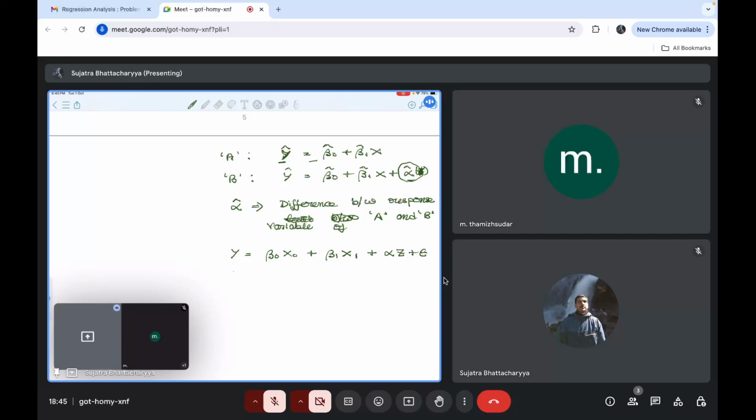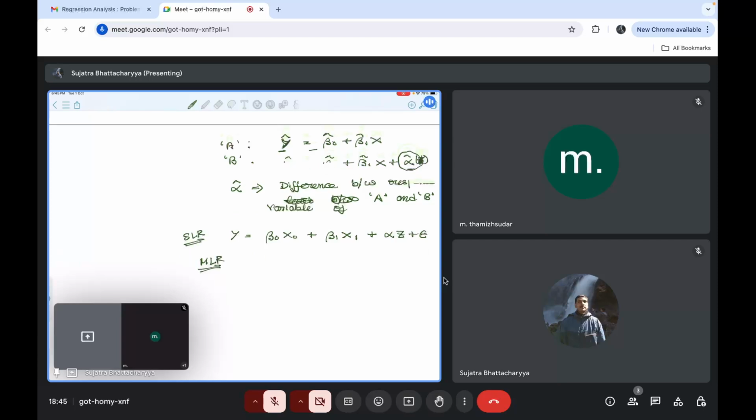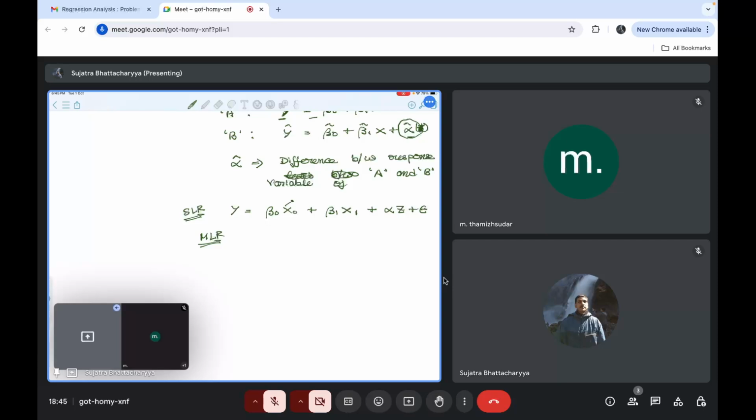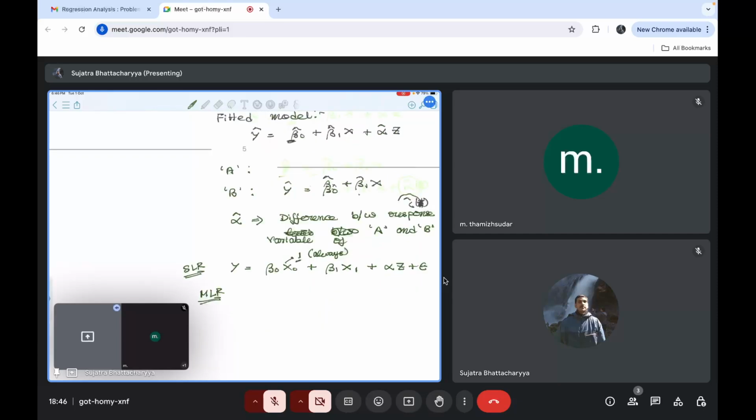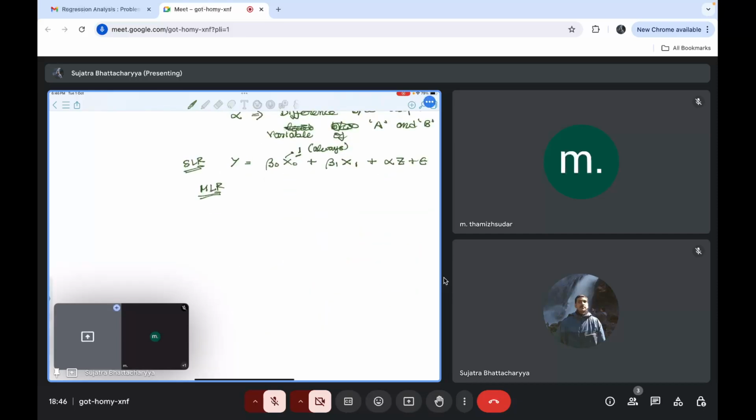This is, suppose, the simple linear regression model. Okay, let us look at the multiple linear regression model. This x naught is always 1. We are just introducing another dummy variable x naught, which is always 1, because we have seen that in the earlier case there was beta naught only.